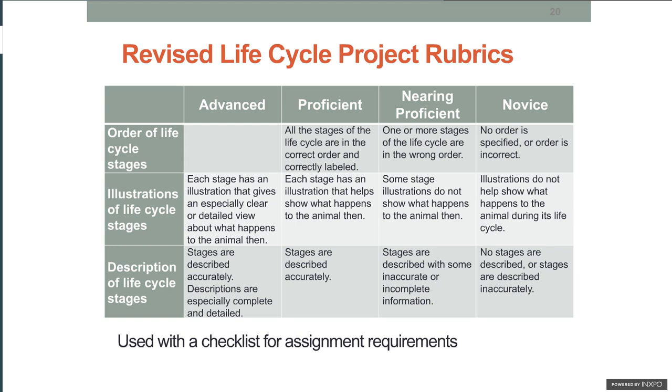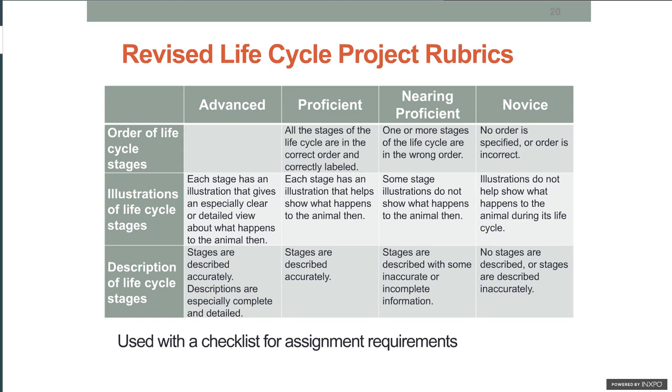Plan a zoo enclosure or something for that animal that would have them using the information that they were learning. And then if they did that, then one of these criteria or more ought to be about the appropriateness of what they designed, their explanation of their thinking about their design, and those sorts of things.